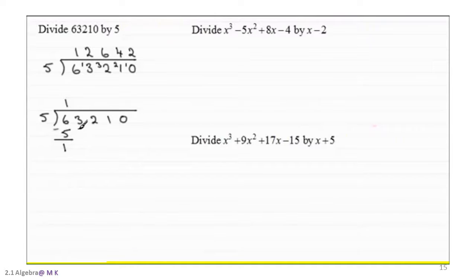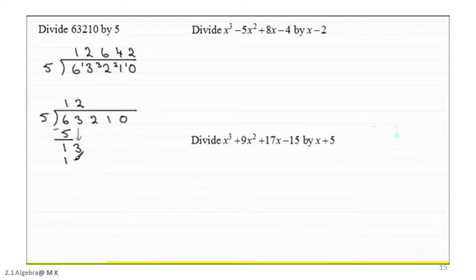But with this style, what we do is we bring down the 3 and we write it against the 1 to give us the 13. And we start again. We say, what do we need to multiply 5 by to get as close as we can to 13? It's going to be 2. So put the 2 there. And we now do 5 times 2, or 2 times 5, obviously it doesn't make any difference, giving us 10.